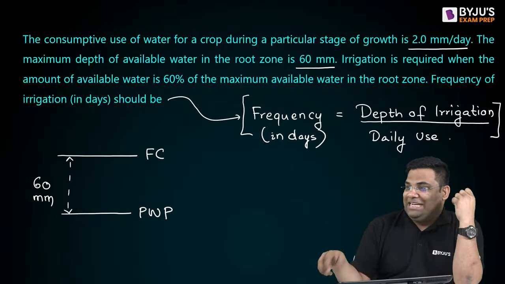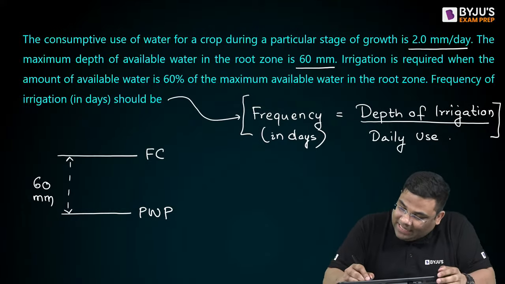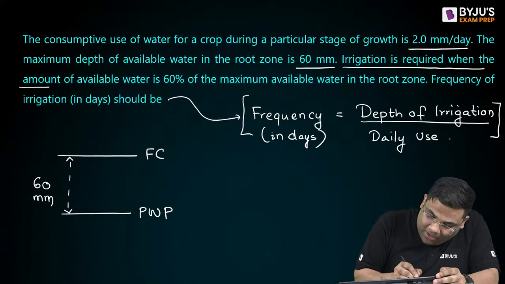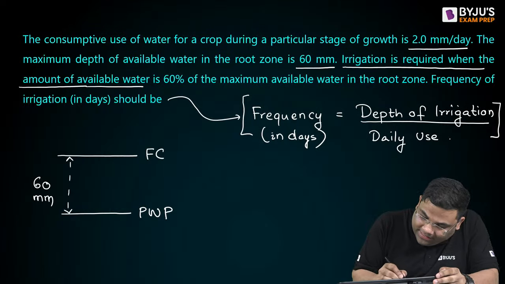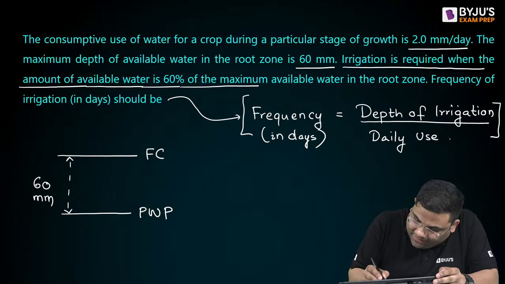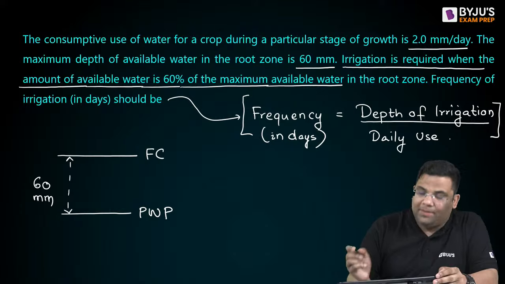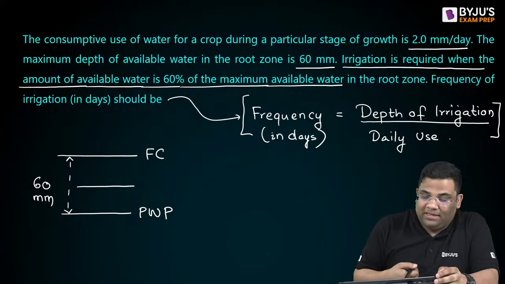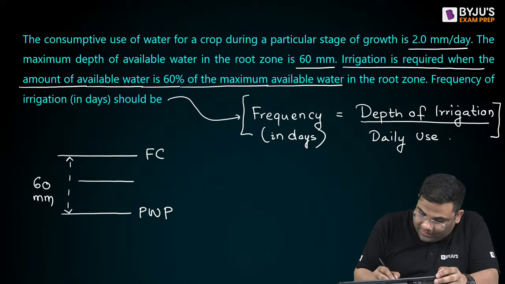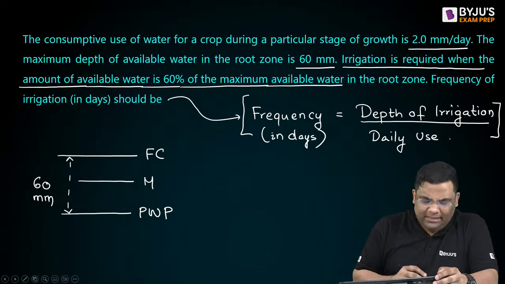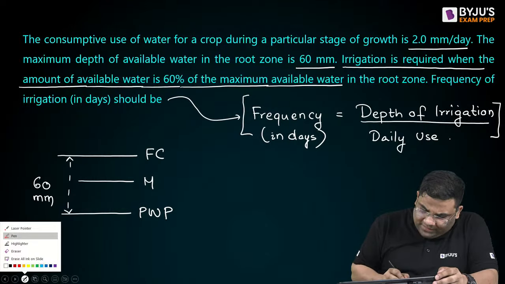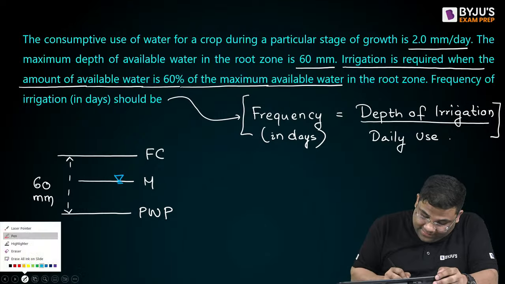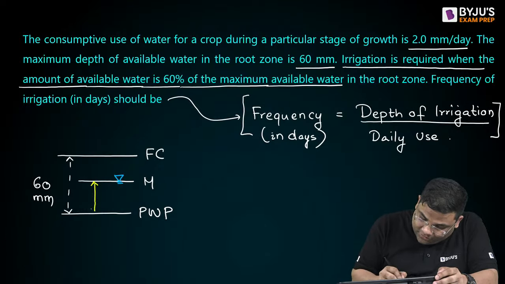Let us read this line carefully. Irrigation is required when the amount of available water is 60% of maximum available water. Now see, if this is the moisture content, M, then this is the available moisture, right?